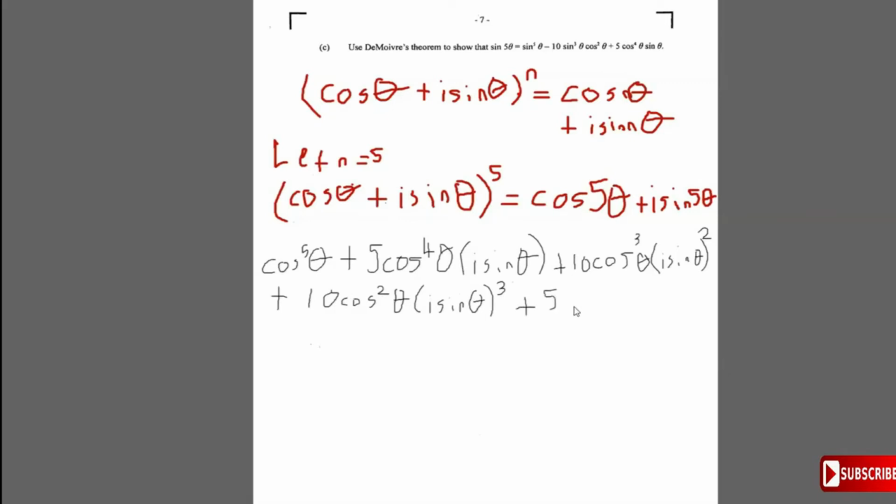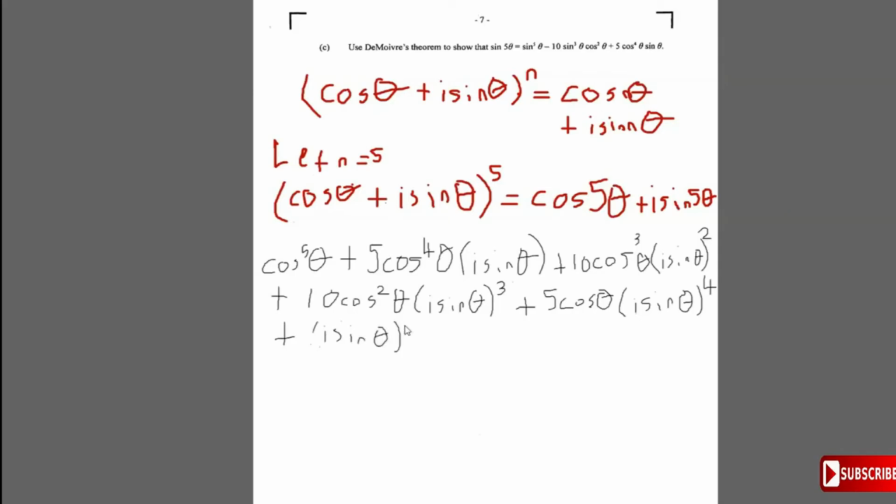So now it is plus 5 cos theta times i sine theta to the 4, plus i sine theta to the 5th power. And that's how we expand all of that.